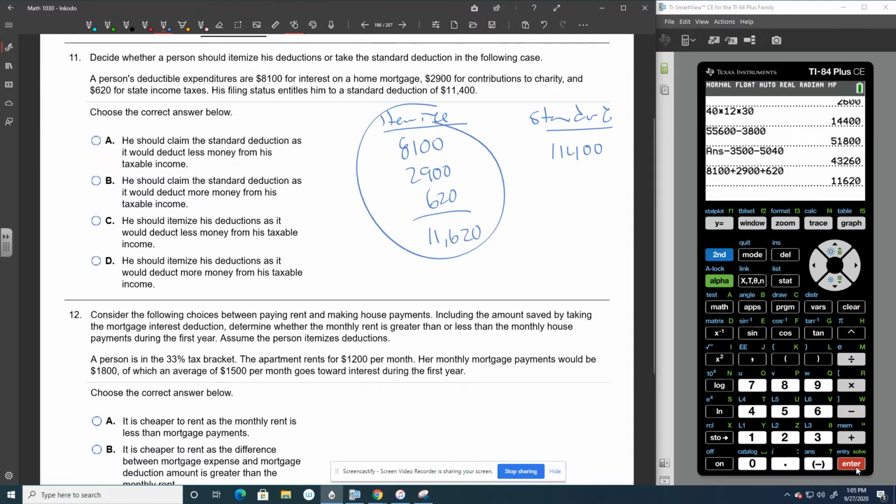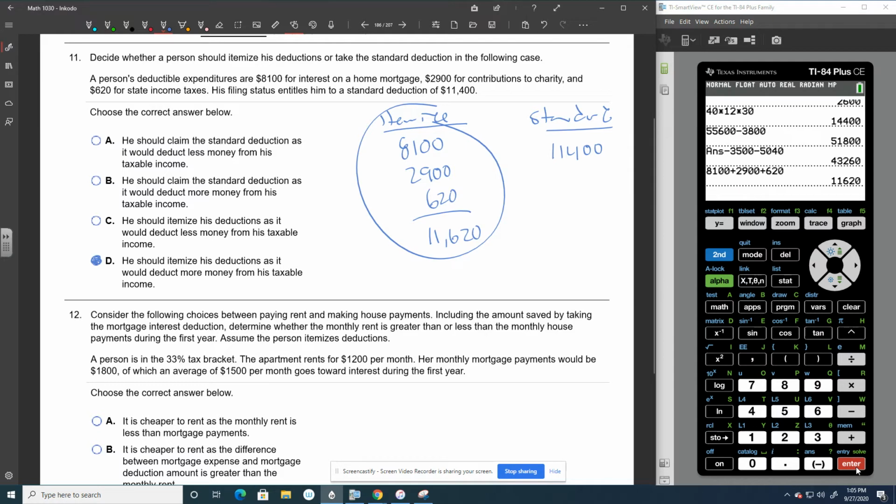So itemizing their deductions, they get a little bit more of a tax break. So they should itemize because it would deduct more money from their income.